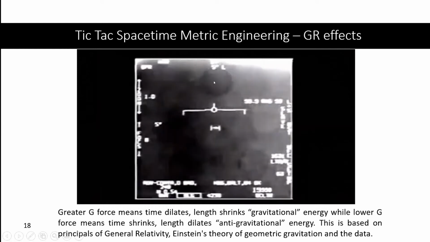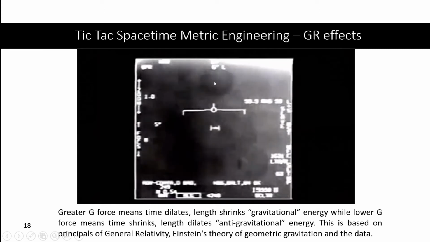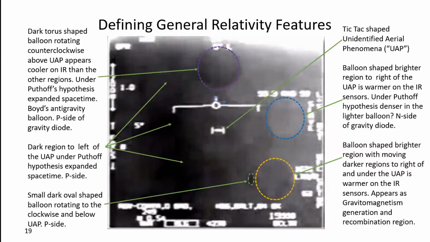What's interesting is this balloon region is a balloon force. It's strong at the membrane, but not on the inside. And so now, under Haramein-Puthoff's hypothesis, this is the expanded space-time region here. This is also the P side, or the acceptor side, of the gravitational diode.